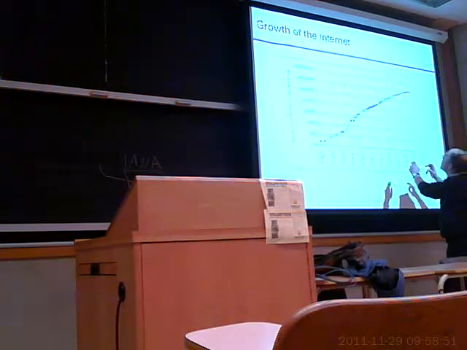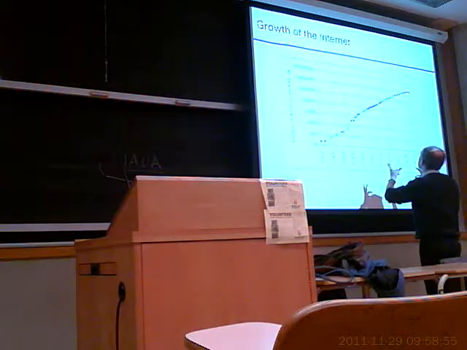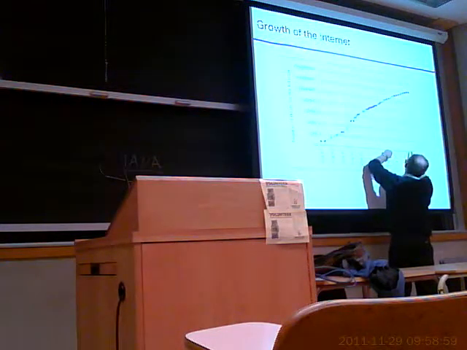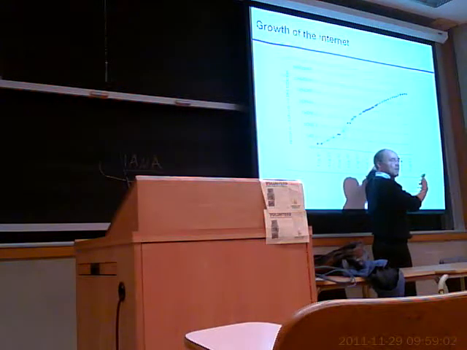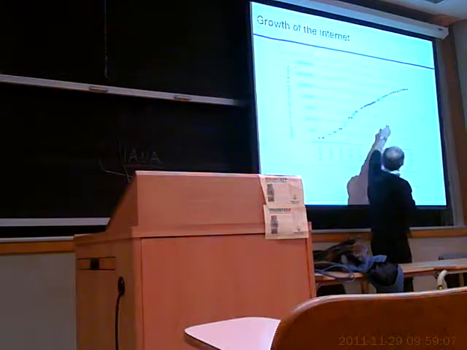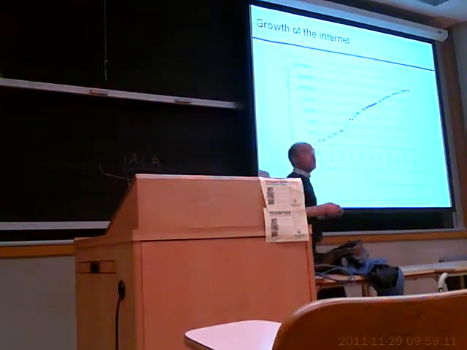Interesting to see this. This period here was the time of the kind of this internet bubble when the internet took off. 1995, that's when the internet became commercialized. 1995, maybe 5 million hosts.